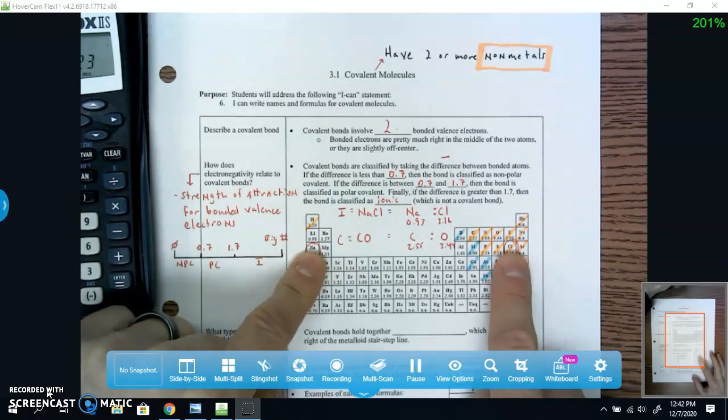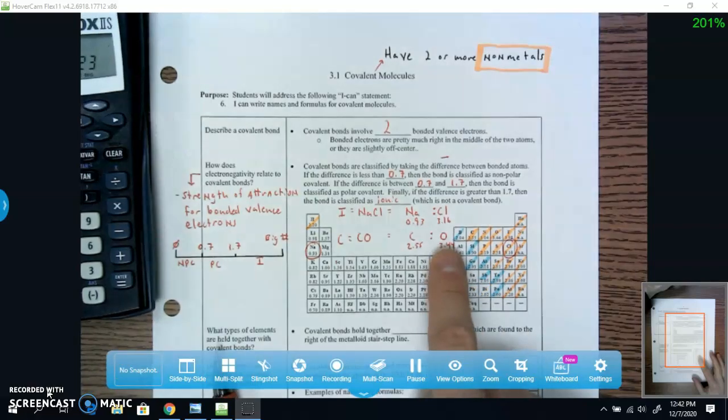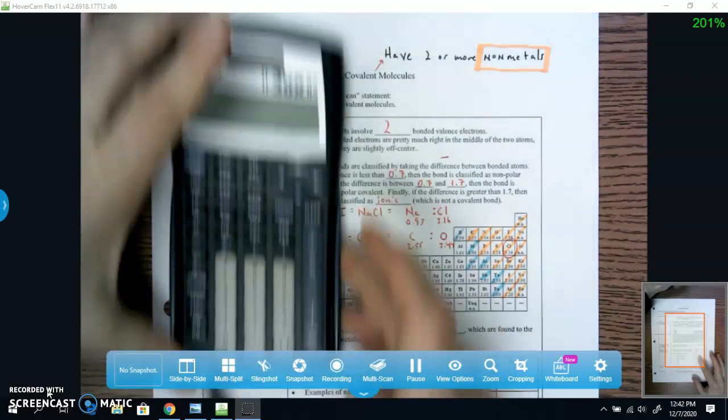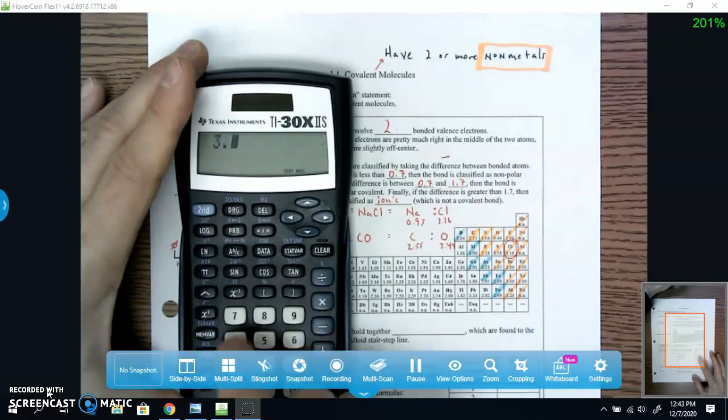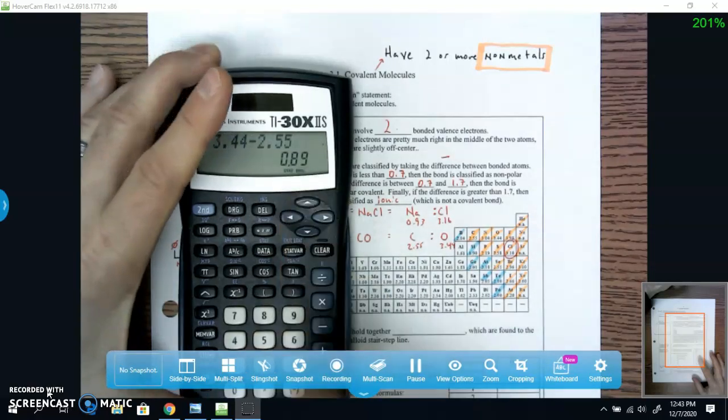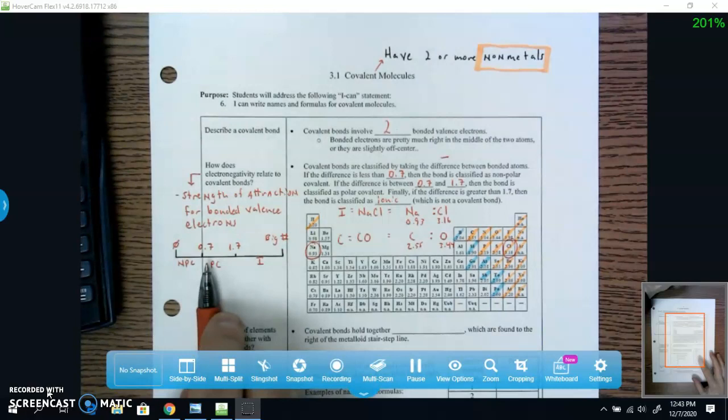Let's take a look at another example. We took a look at oxygen and carbon. If we take 3.44, subtract 2.55, comes out to a difference of 0.89. 0.89 puts it right about here, and so this would be classified as a polar covalent bond.